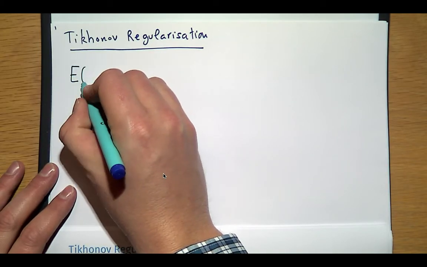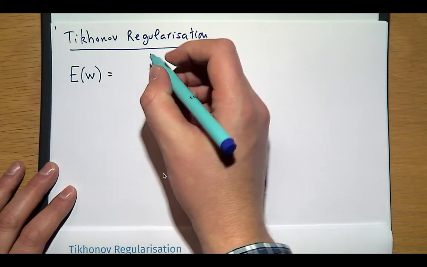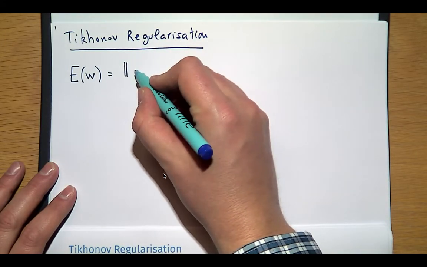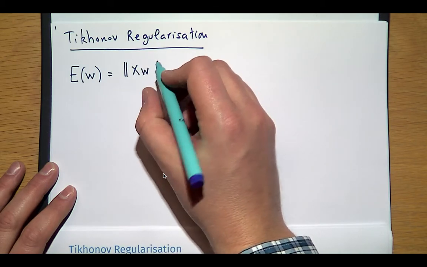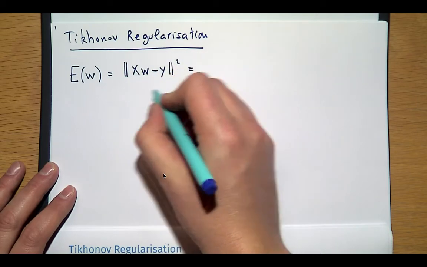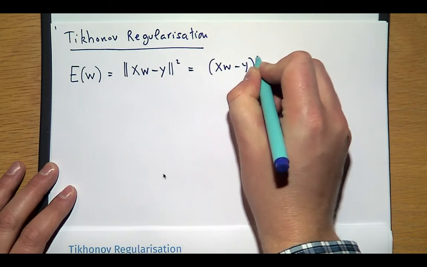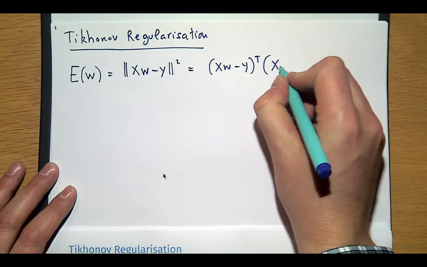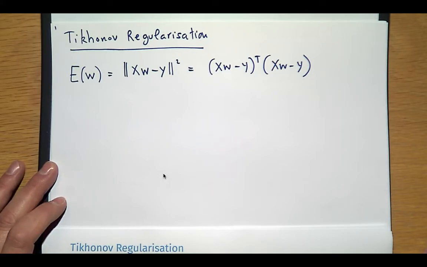Okay, so we had a function of a vector of weights, and we said that basically this was equal to the design matrix times your vector of weights minus the vector of all the outcomes, and this was equal to this transpose this. Okay, so remember that's what we've seen before.